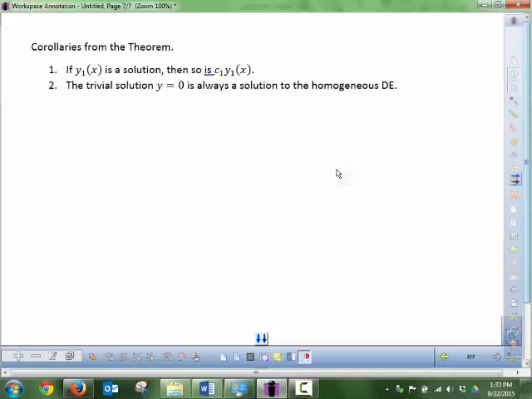So those are things that you would prove to help you prove your big theorem. And after you've proven your big theorem, there are things that automatically follow. Because the theorem's true, then all these other statements are going to be true. And that is called a corollary. So these things follow directly from the result of the theorem.